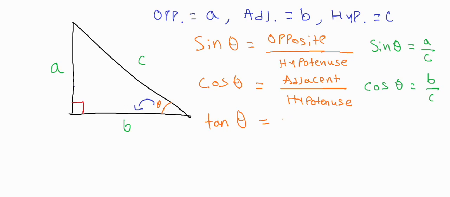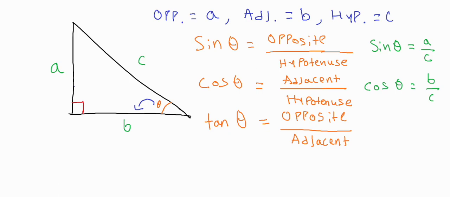It is actually opposite over adjacent. Our hypotenuse is only involved in sine of theta and cosine of theta. So tangent, or tan of theta, is opposite over adjacent.